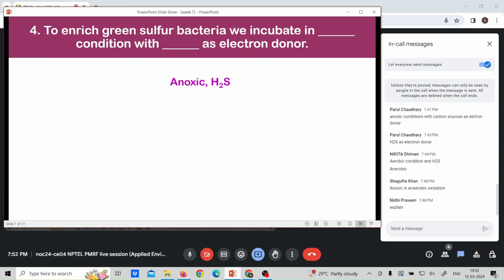The electron transport system functions based on electromotive potential. Electron transfer happens because of this potential gradient, and because of that ATP is generated. That's a very key step in microbial metabolism.